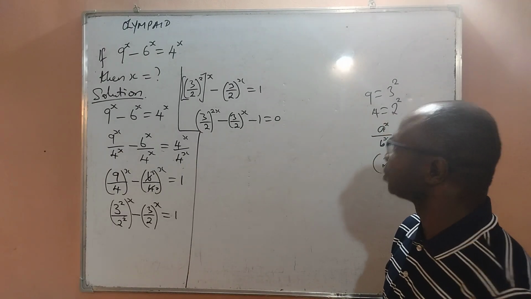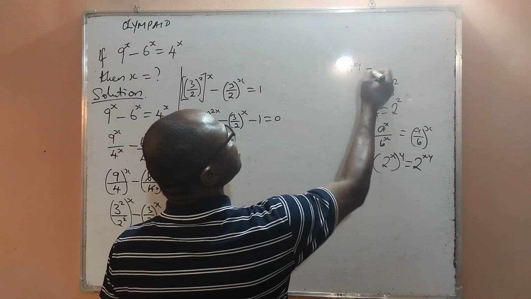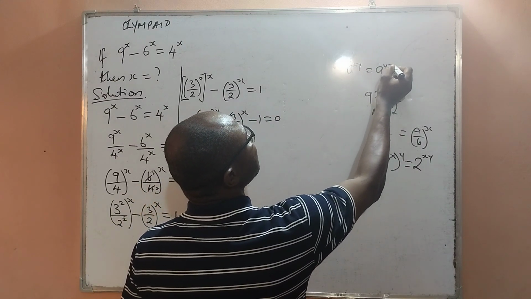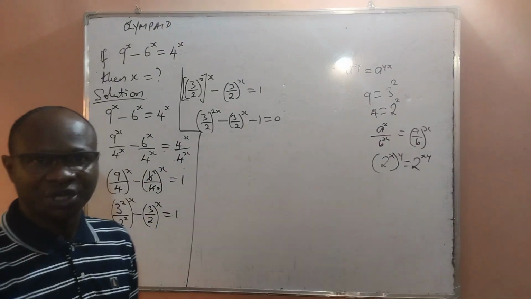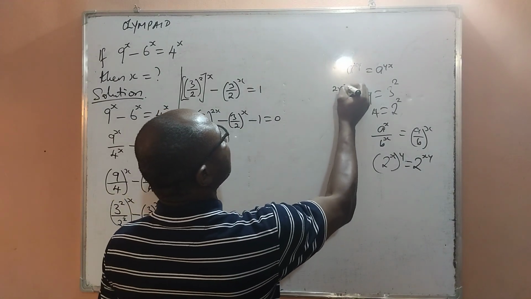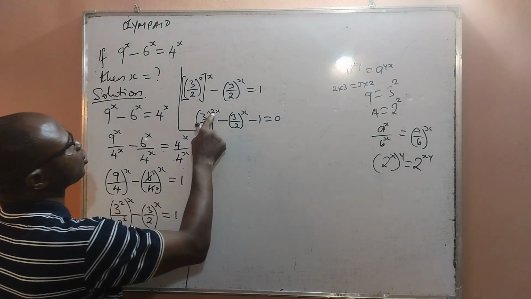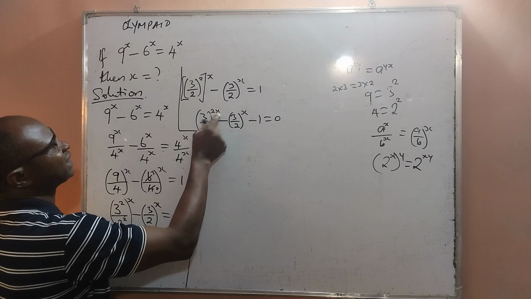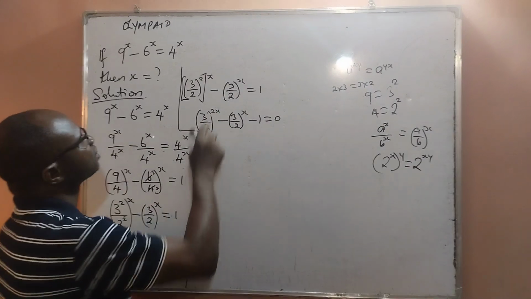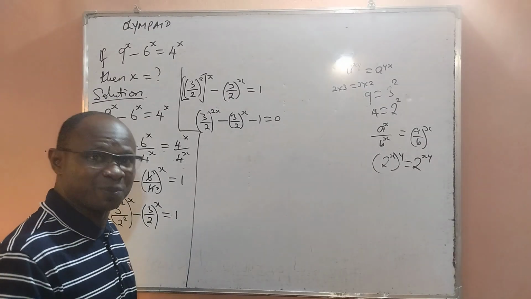Also, if I give you a raised to power xy, it is the same thing as a raised to power yx because multiplication is commutative. The multiplication of 2 by 3 is the same thing as 3 multiplied by 2. Therefore, I am going to interchange the value of 2x to become x multiplied by 2.